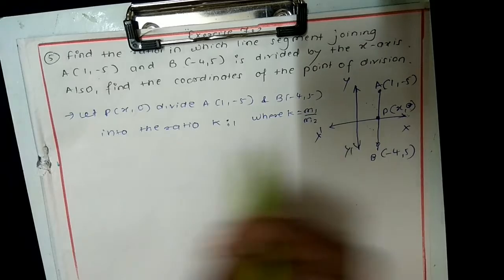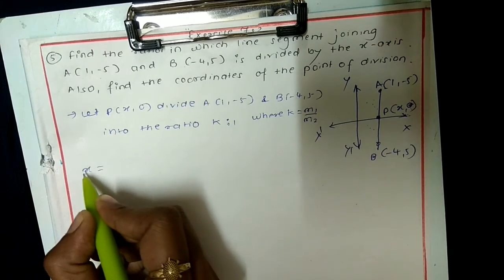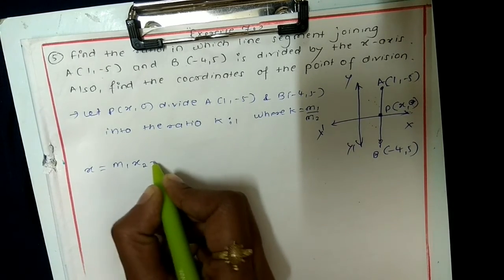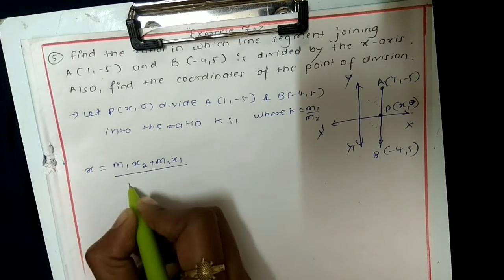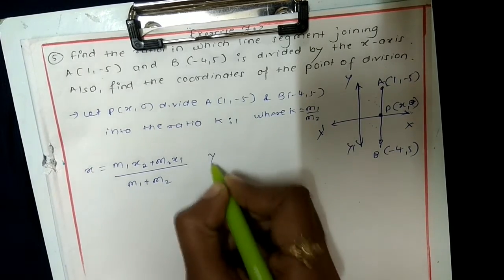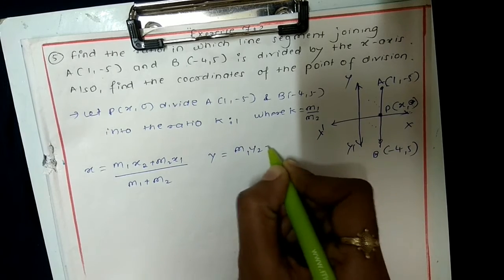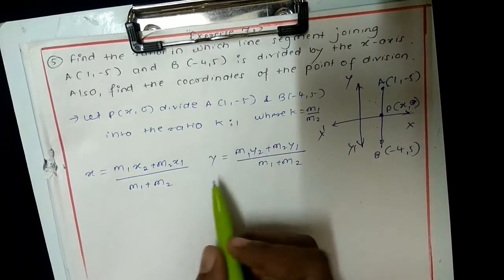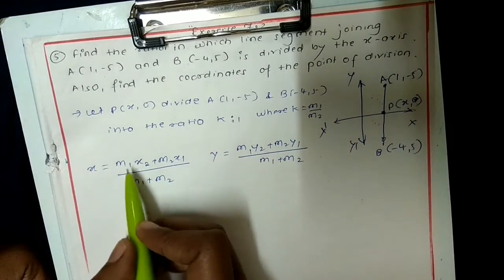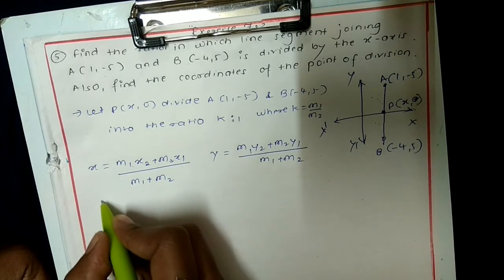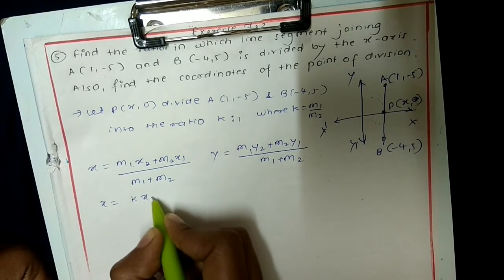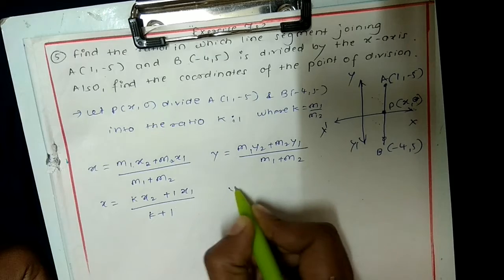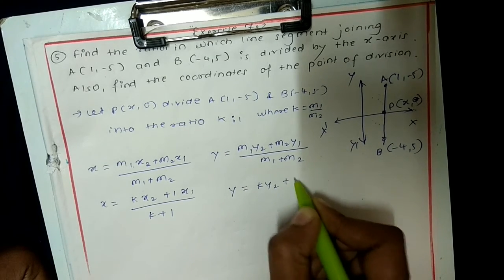For the x coordinate, the formula is x = (m1 x2 + m2 x1) divided by (m1 + m2), and y = (m1 y2 + m2 y1) divided by (m1 + m2). Taking m1 and m2 as k is to 1, we get x = (k x2 + 1 into x1) divided by (k + 1), and y = (k y2 + 1 into y1) divided by (k + 1).